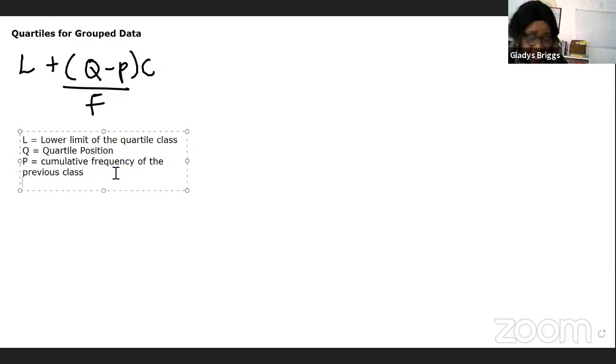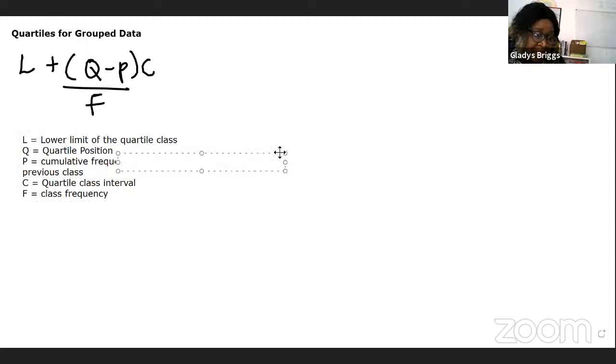C stands for the quartile class interval. And F stands for the class frequency. Okay, so you know what they all stand for now. Write them down. I'll give you some minutes to write them all down in your books.